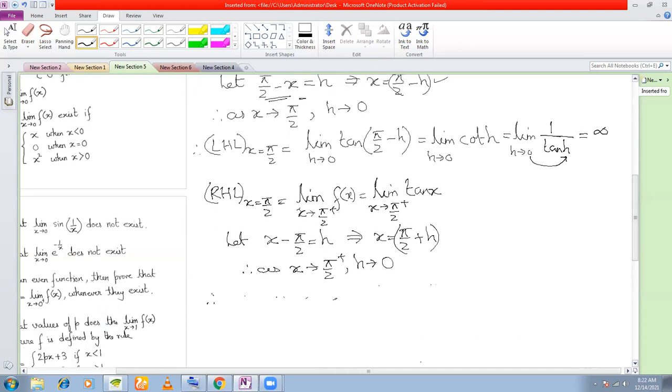Therefore, if I change the right hand limit from x to h, what will I get? Limit h tends to 0, tan of pi by 2 plus h. Okay. And how much is tan of pi by 2 plus h?